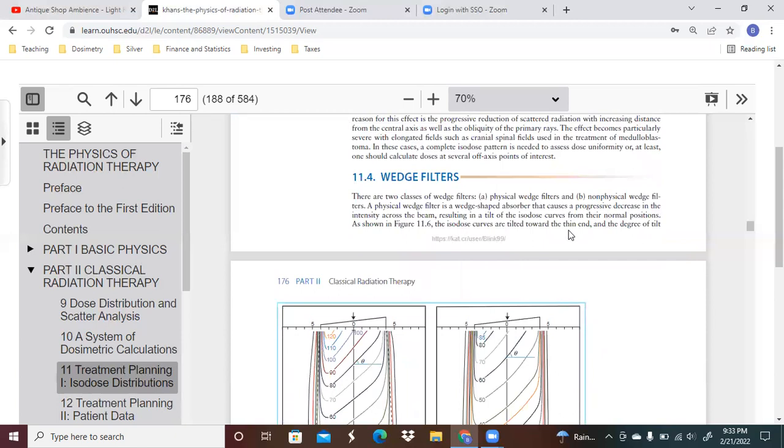For wedges, what do we do? Now, in most cases, I don't think you guys are actually going to deal with physical wedges anymore. There was a time in which you had to put physical wedges in, and those wedges had certain advantages. The advantage is that you can put those in and orient them in several different ways, rather than the enhanced dynamic wedge that we use now, which is the non-physical wedge filter.